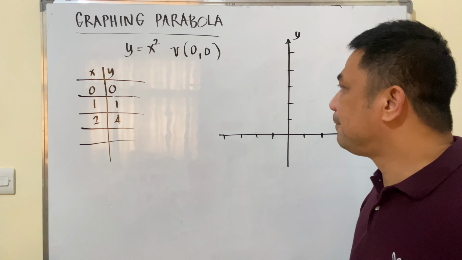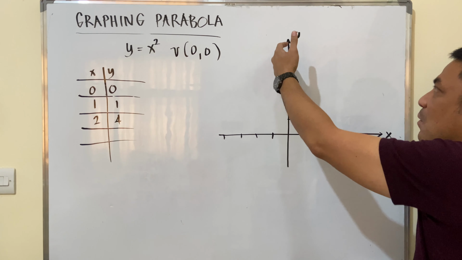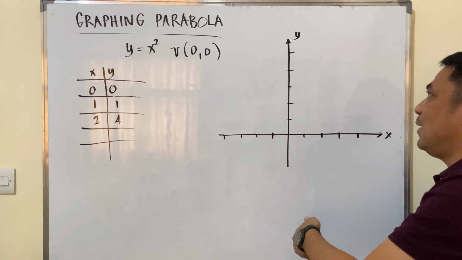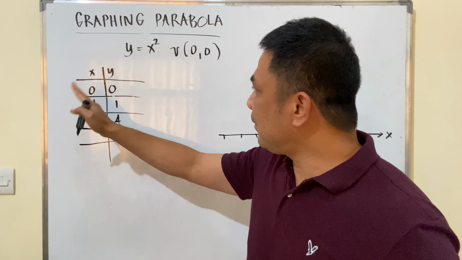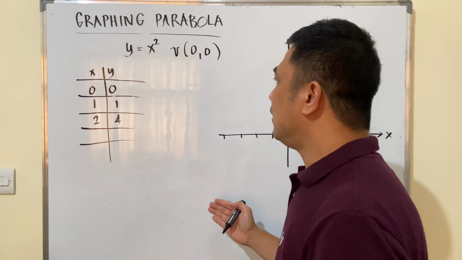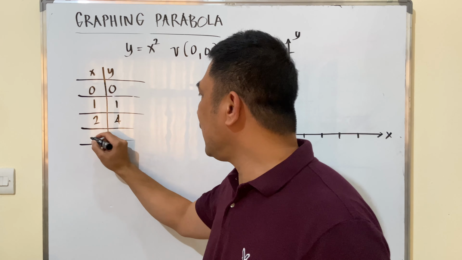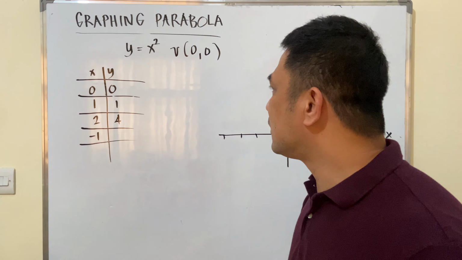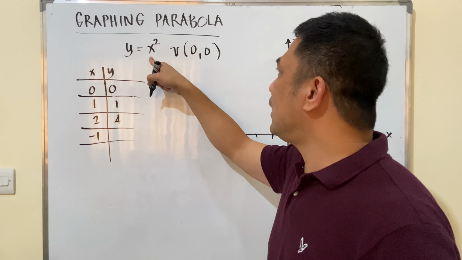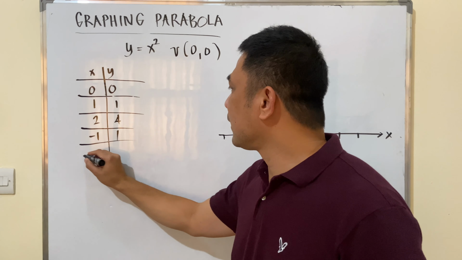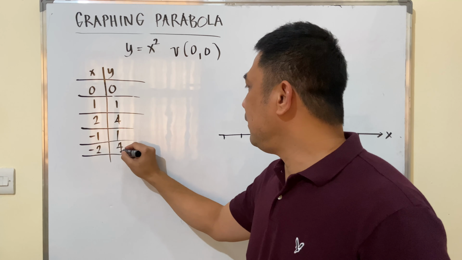And since our line of symmetry or axis of symmetry will be our y-axis, if you assign negative values of x, we'll have the same values of y. So if x equals negative 1, that is negative 1 squared, that is 1. And if you have negative 2, you'll have positive 4.